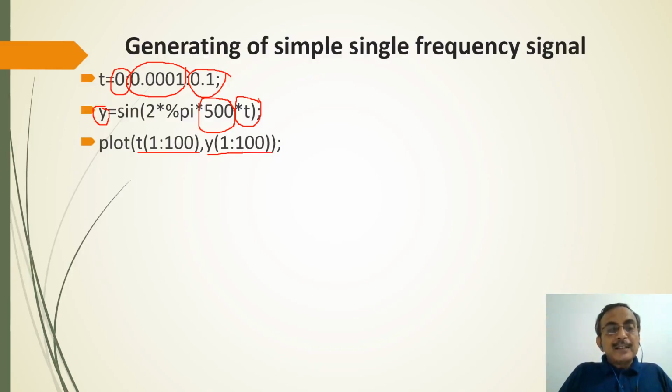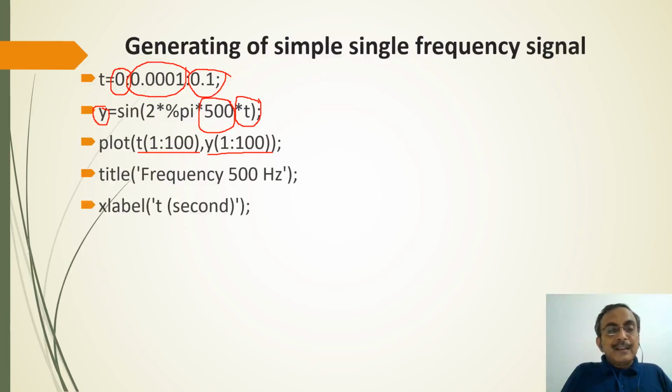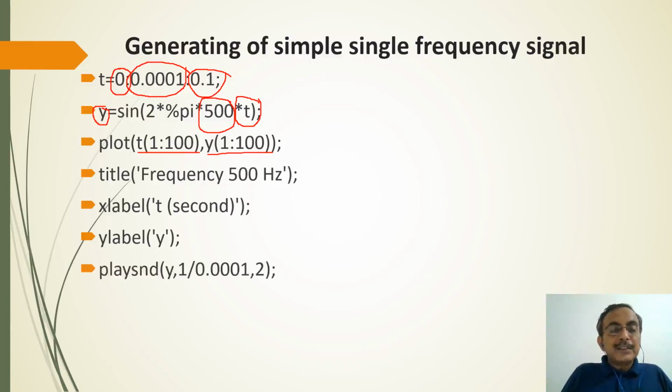So this is the x axis independent variable and the dependent variable, that is the y, corresponding to the amplitude of the signal. The title of the plot can be the frequency, and then we can put the x label, y label, all these commands.